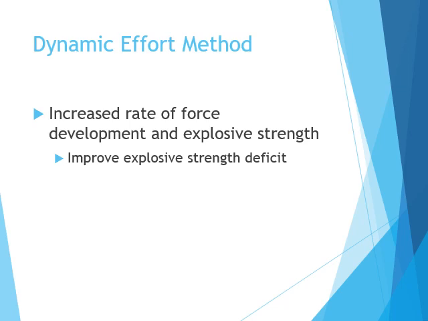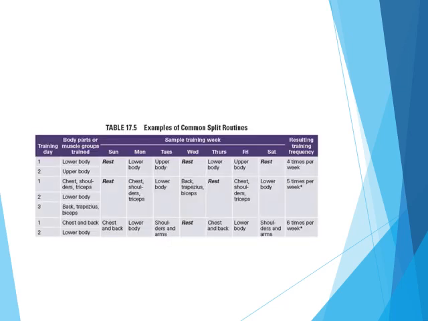So here are some examples of different types of split routines, and these are in your textbook. Everyone finds ways to program. I'm a lower and upper body programming person, so usually 4 times a week: lower body, upper body, lower body, upper body. You see some other splits here.